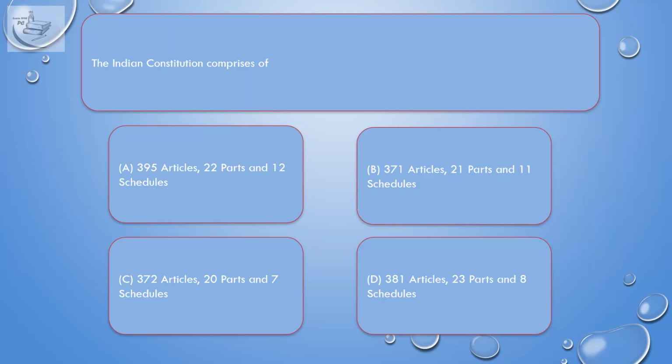C. 372 articles, 20 parts and 7 schedules. D. 381 articles, 23 parts and 8 schedules. Correct answer is A. 395 articles, 22 parts and 12 schedules.